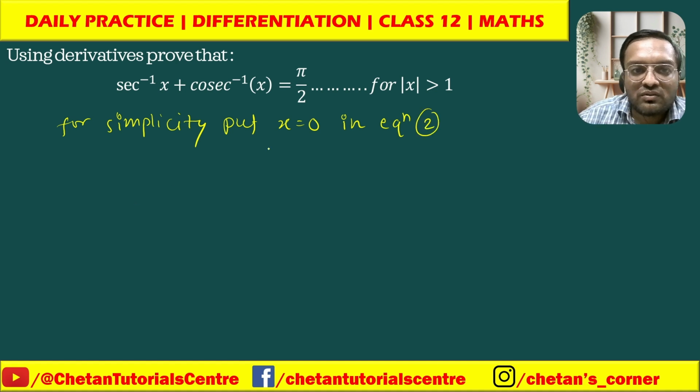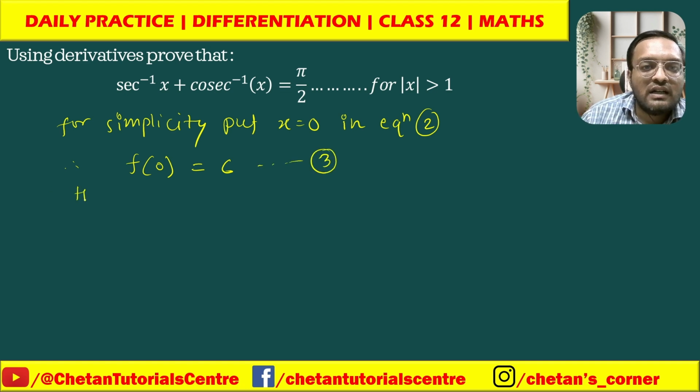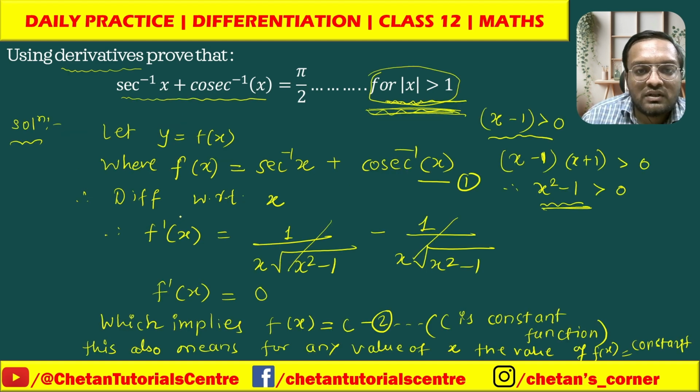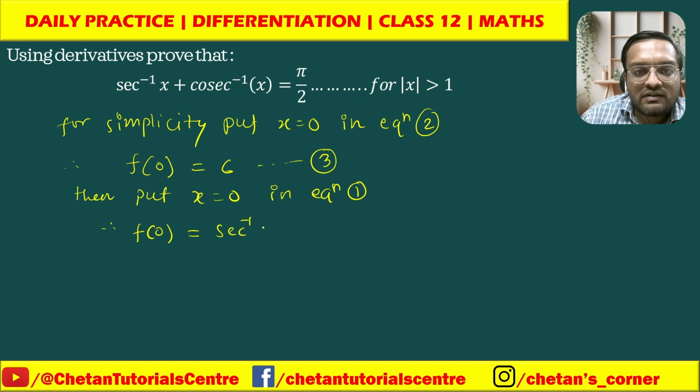In equation number 2, then what I will get, f of 0 is equal to c. This I will mark as equation number 3. Then I will put x is equal to 0 in equation 1. Then what I will get, f of 0 is equal to sec inverse of 0 plus cosec inverse of 0.